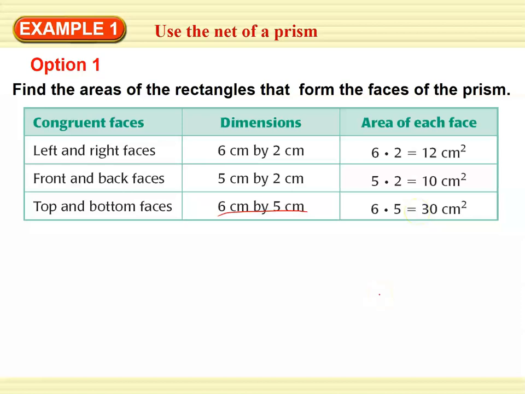All right, so now we know the area of each of those individual faces. The only other thing that I want to point out is that the left is 12 centimeters squared and the right is 12 centimeters squared. The front is 10 centimeters squared and the back is 10 centimeters squared. The top is 30 centimeters squared and the bottom is 30 centimeters squared. So the surface area of this whole shape would be just those areas all added together, but keeping in mind that there's 2 of each of these.